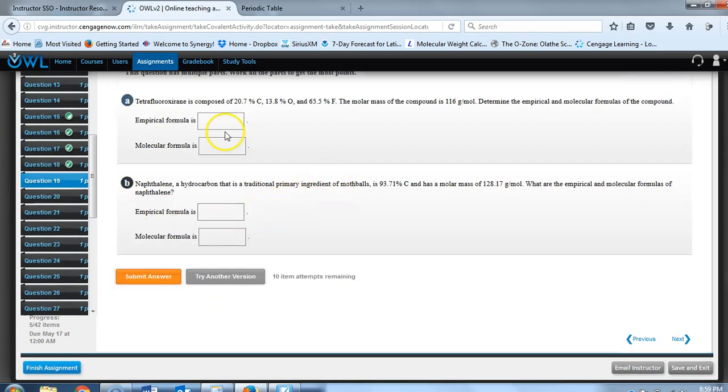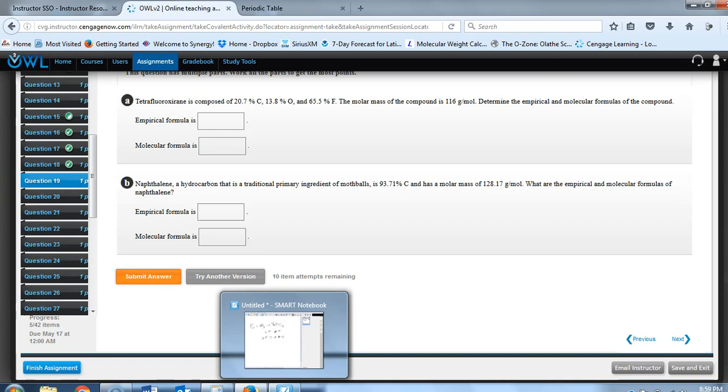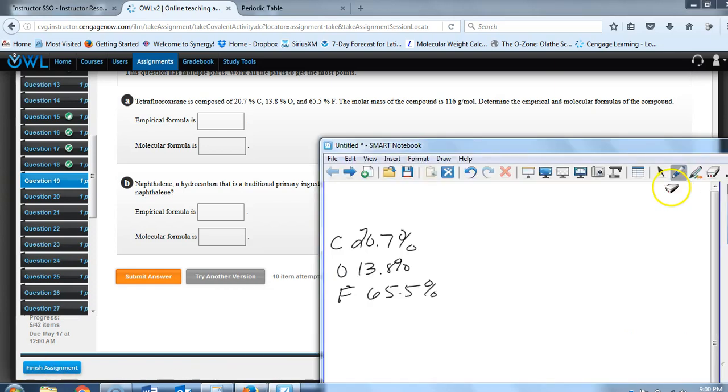Question 19. Fluoroxyurane is composed of 20.7% carbon, 13.8 oxygen, and 65.5 fluorine. All right, so 20.7%. We're going to use our poem. Percent to mass, mass to moles, divide by small, multiply until whole. Okay.